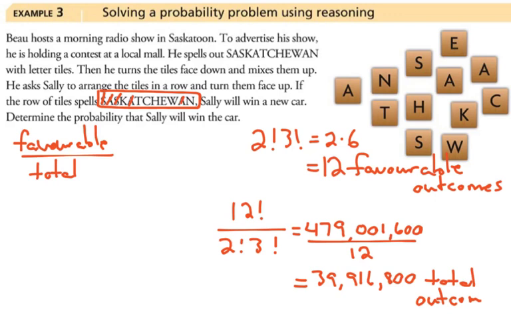So then our probability will be 12 favorable outcomes out of 39,916,800.